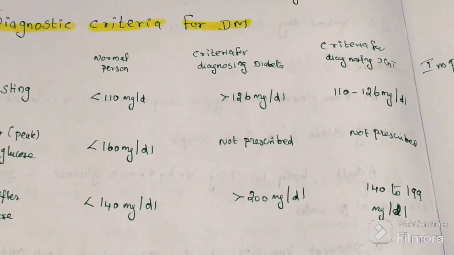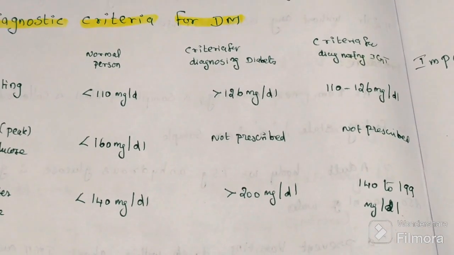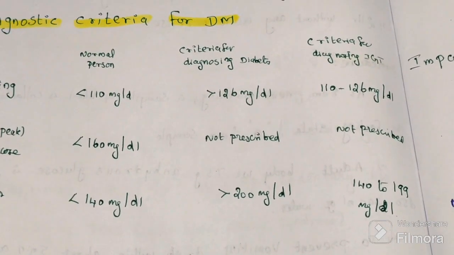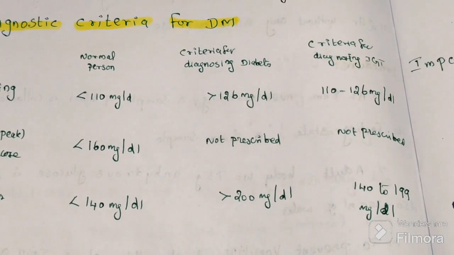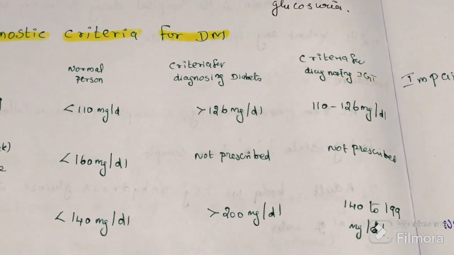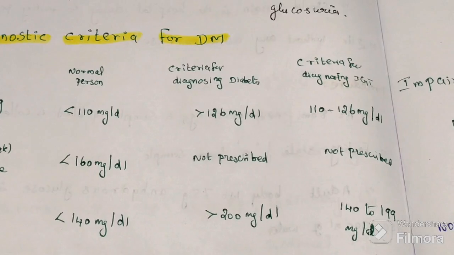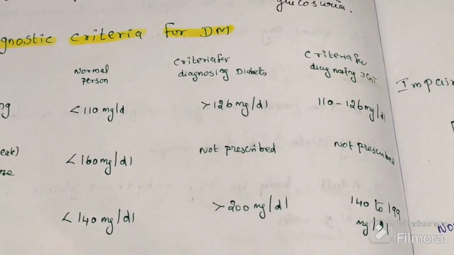The criterion for diagnosing diabetes is more than 200 mg per deciliter. The criterion for impaired glucose tolerance is 140 to 199 mg per deciliter.